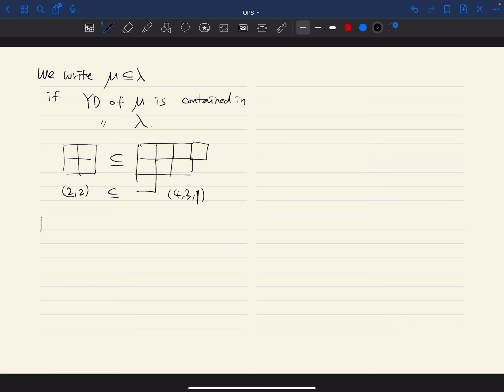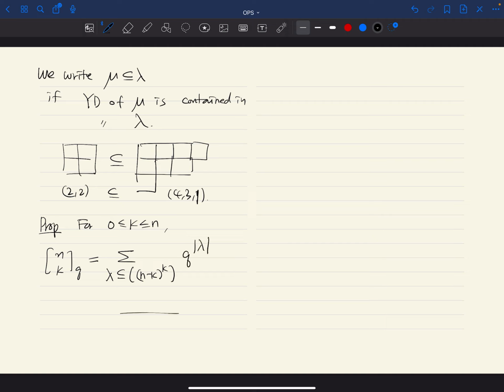So, proposition: for integers k and n, we have a combinatorial interpretation for the q-binomial coefficient. It is the sum over all partitions lambda contained in (n minus k) to the k, of q to the size of lambda.